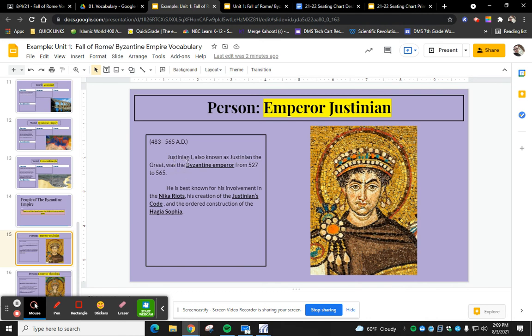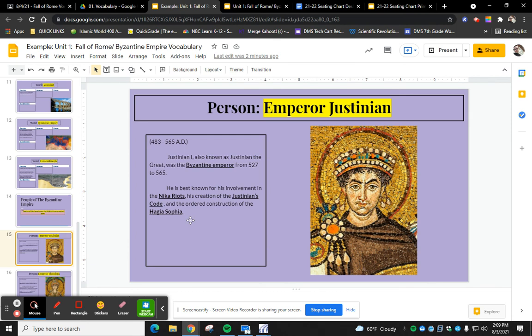So Justinian I, also known as Justinian the Great, was the Byzantine emperor from 527 to 565. It's about 38 years. He is best known for his involvement in the Nika riots, his creation of the Justinian's Code, and the ordered construction of the Hagia Sophia.